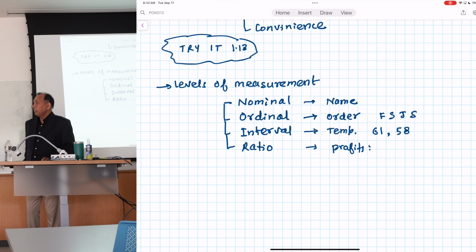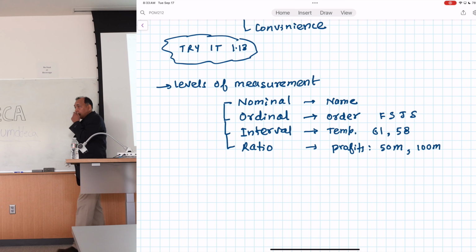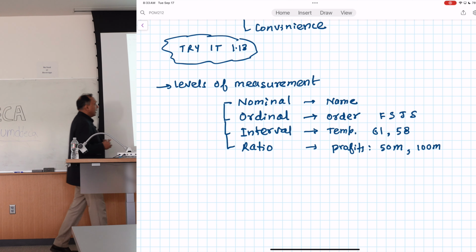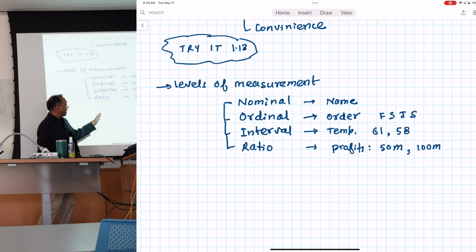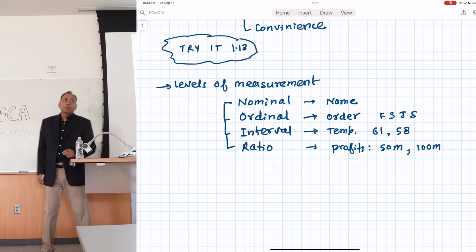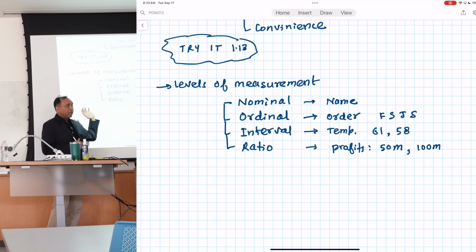If a company made, let's say, $50 million last year, and this year they are making $100 million in profits, then we can divide these two, take a ratio, and say that for that company, profits have grown by 2 times or 100%. So ratio in this case makes sense.